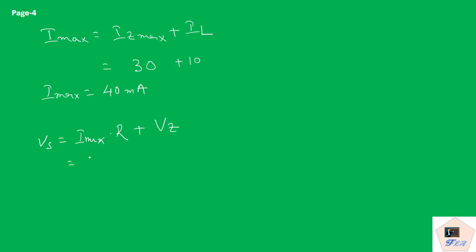So I max is given as 40 milliampere into R, which is 250 ohms, plus 20 volt for Vz that is given. So Vs max, if we solve this, we can get it as 30 volt. So don't forget to put 10 to the power minus 3 here, because this is in milliampere.